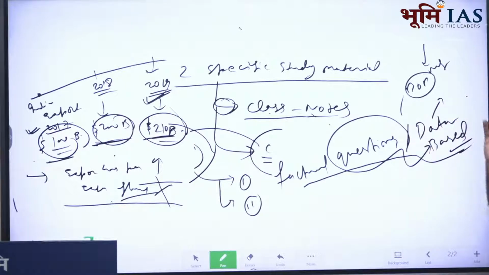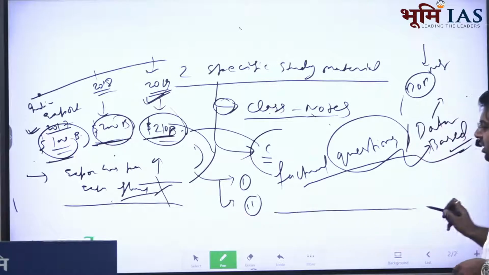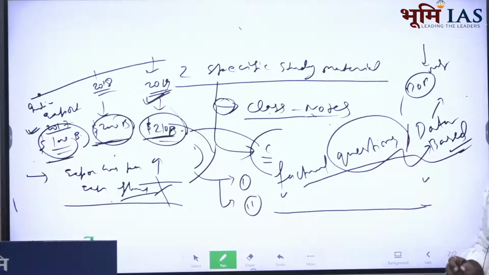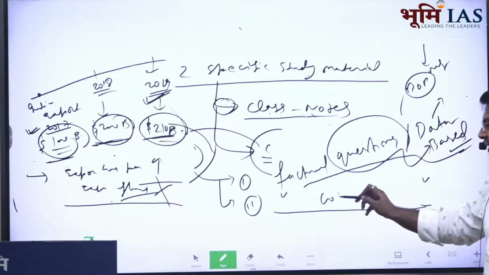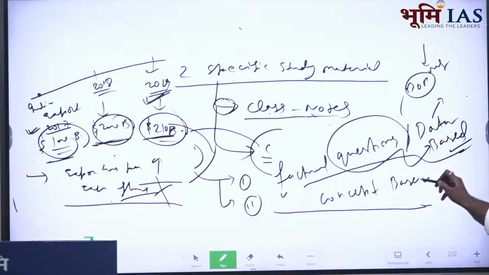Fine. And the second type of question related to BOP, which can be asked in prelims, would be a concept-based question. As far as concept-based questions are concerned, our class discussion and class notes would be more than sufficient.